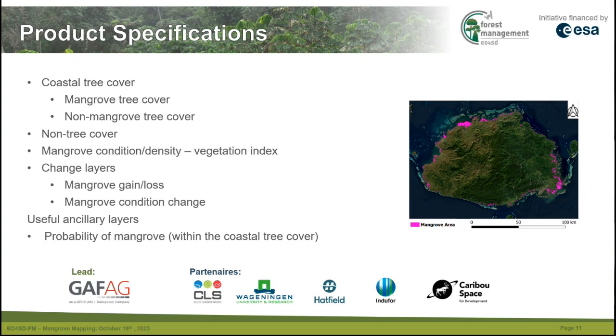In other words, the trajectory of that vegetation index that shows whether the mangrove is relatively dense or not. Other useful layers could be the probability of mangrove within that coastal tree cover area. So the models that we use can essentially generate a probability, so you can see how confident the prediction of mangrove is in a particular area.